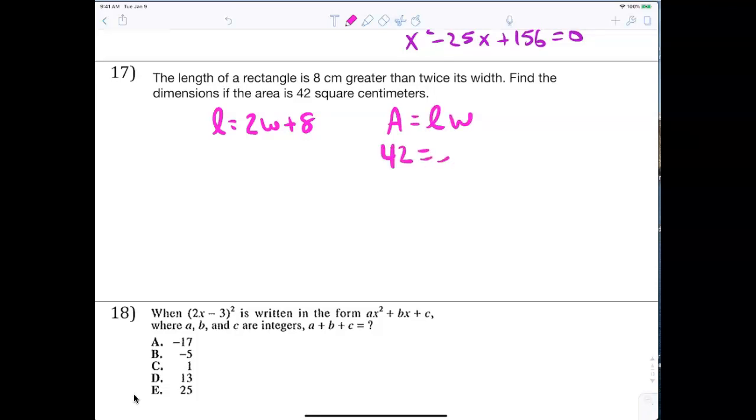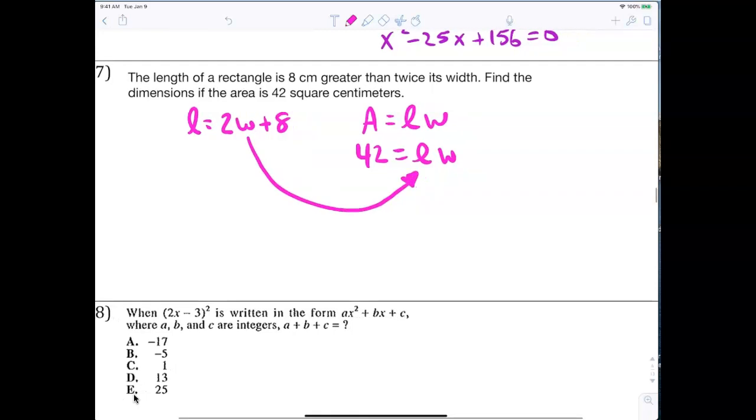So 42 is equal to length times width. And then wherever I see an L, I just put 2w plus 8. And she told me the dimensions are 14 centimeters by 3 centimeters.